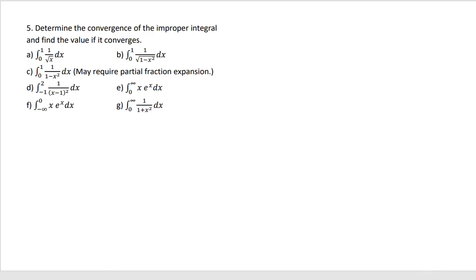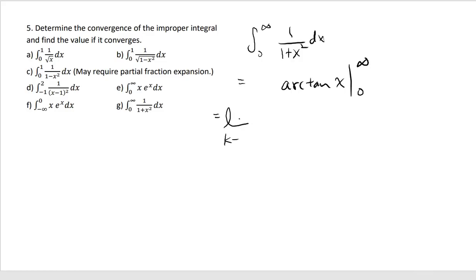Okay, for g, we have 0 to infinity of 1 over 1 plus x squared dx, which is arctan of x from 0 to infinity. So you have limit k going to infinity of arctan of x from 0 to k, which is arctan of k minus arctan of 0, and you have to take limit k going to infinity.